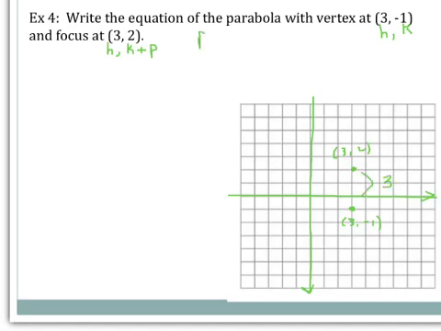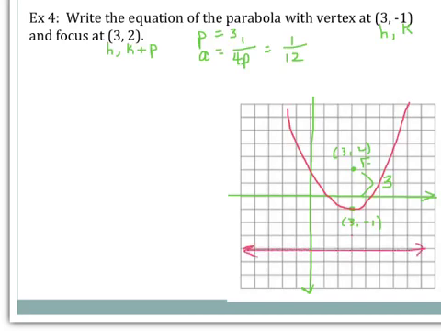So p is 3. And so we're going to need a value for a, and a is equal to 1/4p. So a is 1/12. So that's my coefficient. And since my focus is right here, my graph will look like that. My directrix is going to be down 3, so 1, 2, 3. Right down here is my directrix.